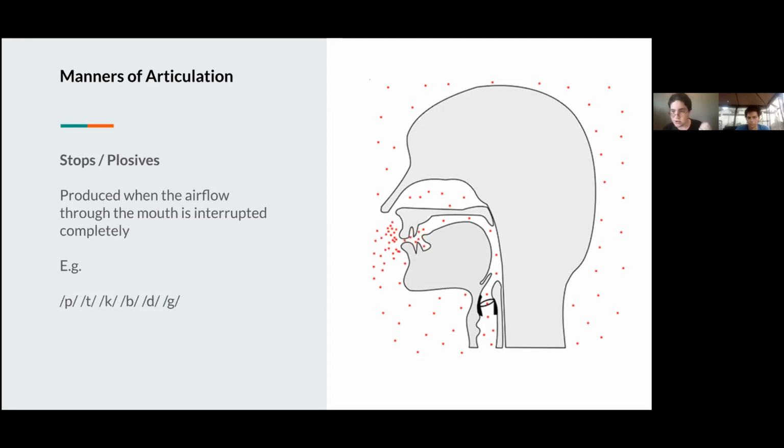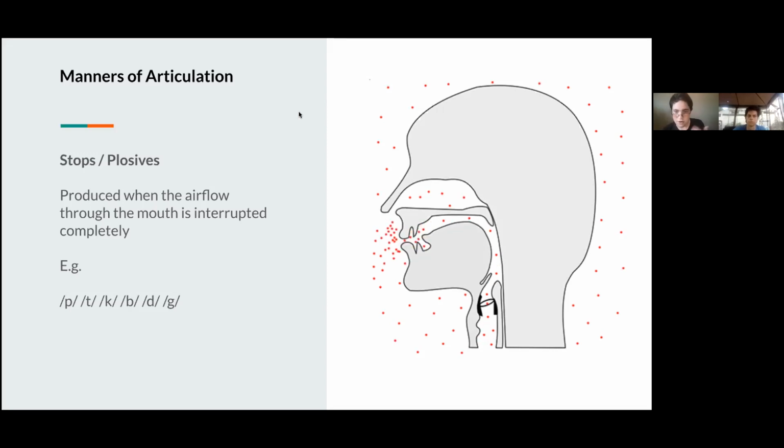You're generating an obstruction, then releasing it. And where this obstruction happens determines the kind of stop or plosive you have. With p, we form this obstruction with both lips. In fact, this GIF is for the sound p or b.